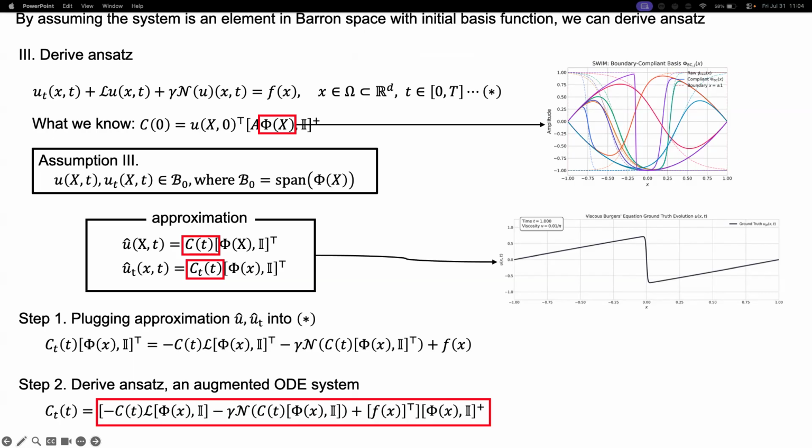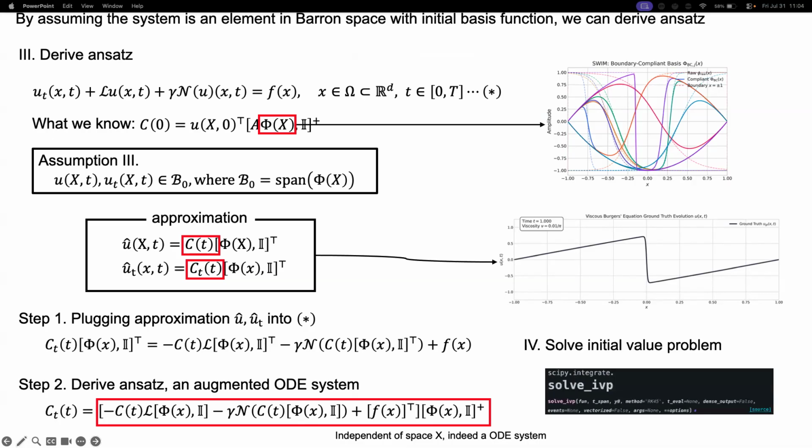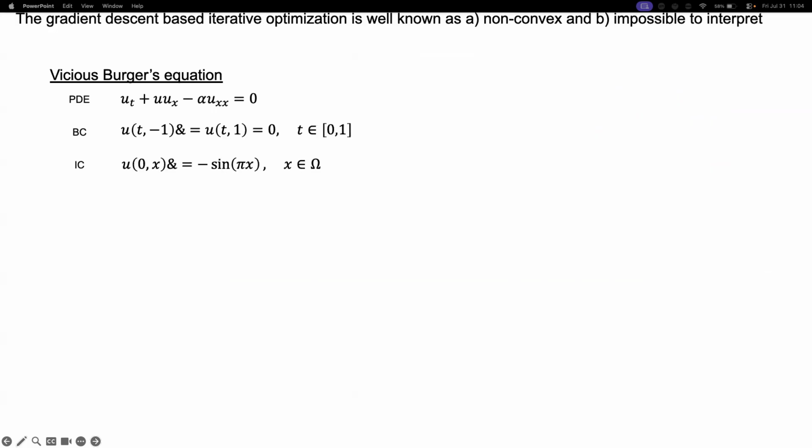And it's just an ODE system, which is independent of space x. So next step is just to solve the initial value problem using SciPy. Then after this, I will explain some example, which is Burgers' equation, as I always use.